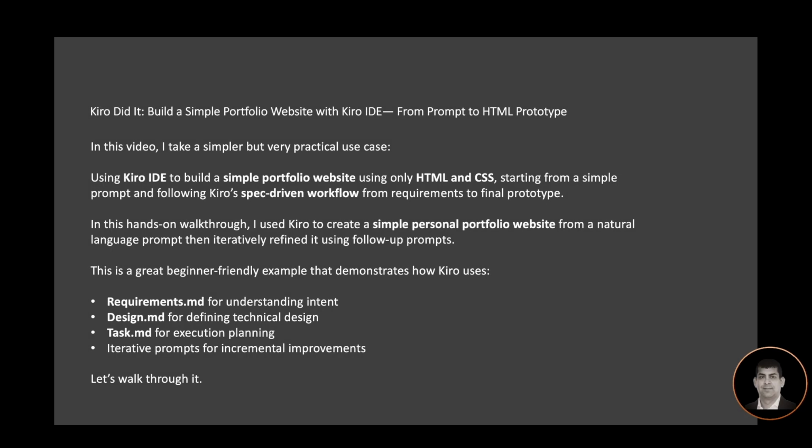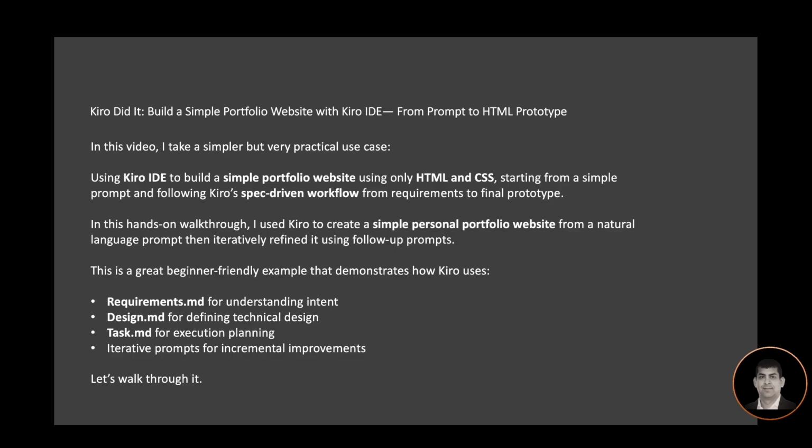In this video, I take a simpler but very practical use case, using Kiro IDE to build a simple portfolio website using only HTML and CSS, starting from a simple prompt and following Kiro specs-driven workflow from requirement to final prototype.